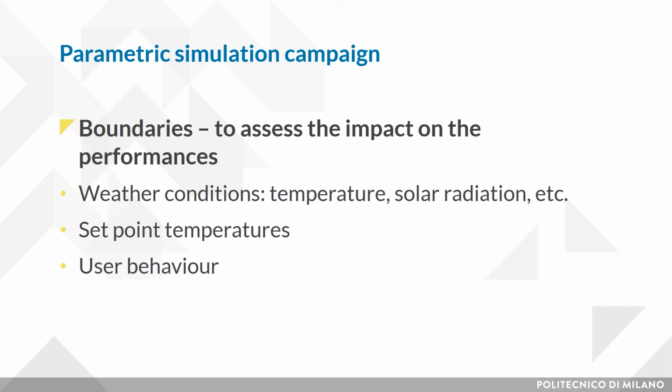The estimation of the impact can be done through a parametric simulation campaign, adopting as a variable, for example, the weather condition, like the external temperature or the incident solar radiation on the building surface, the set point temperature, so the target values to be set during winter and during summer, and the user behavior, meaning the proper use of the installed technologies after renovation.